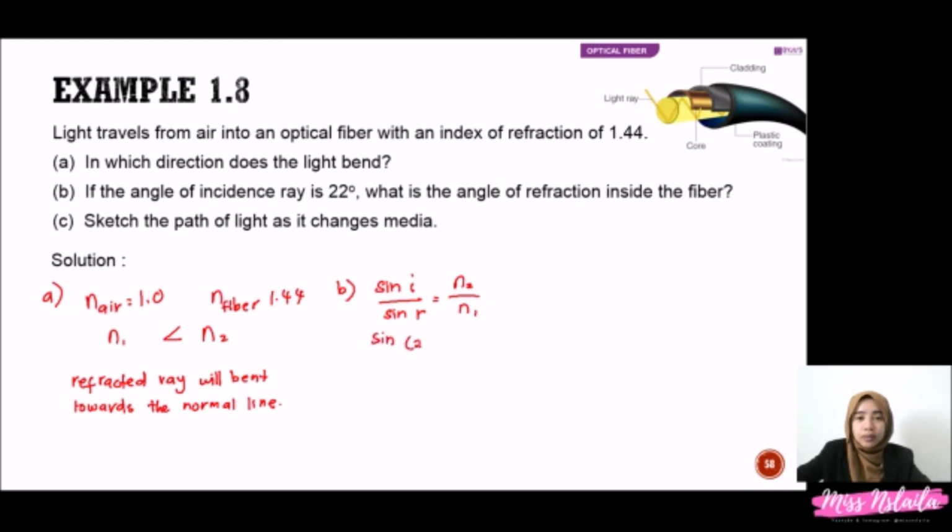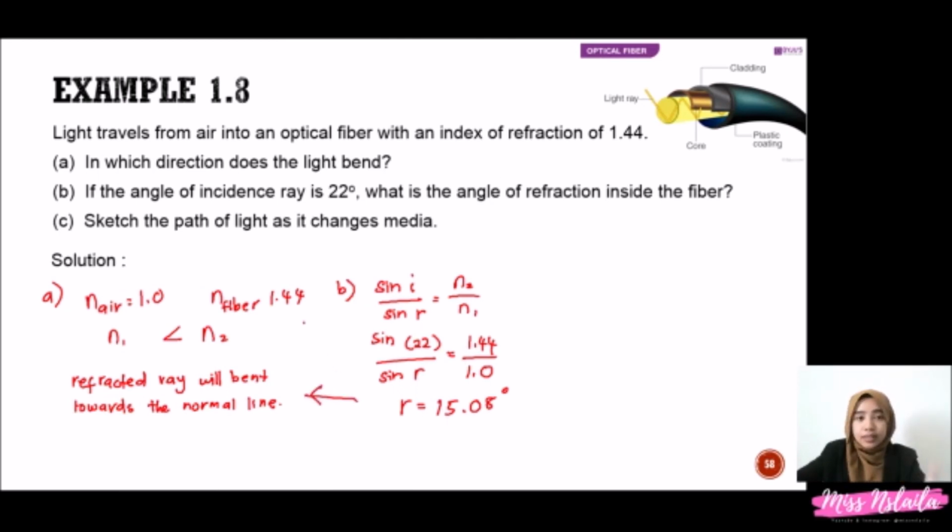Sin 22 degrees divided by sin R equal to N2, which is 1.44, divided by N1, 1.0. So the value of R is equal to 15.08 degrees. We can see that the angle of refraction is less than the angle of incident. Thus, this proves that the refracted ray will bend towards the normal line.